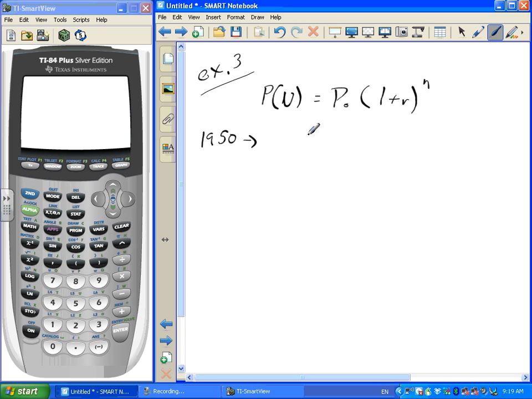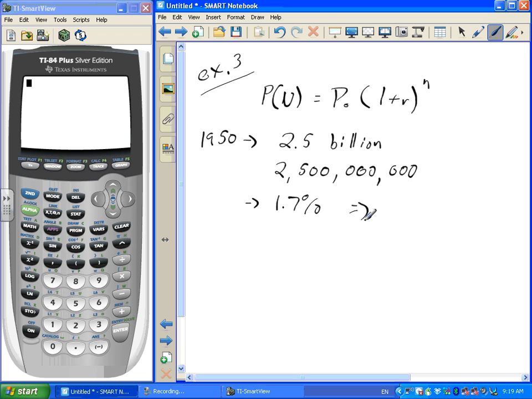So our initial population in 1950 was 2.5 billion. They've also told us that our growth rate is 1.7%, which we're going to write as a decimal, 0.017. And it is per year.